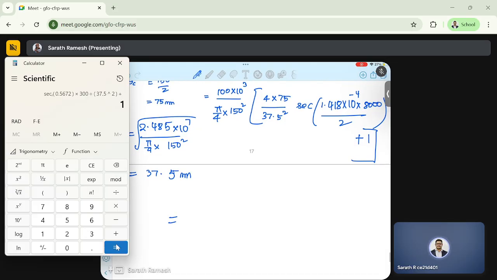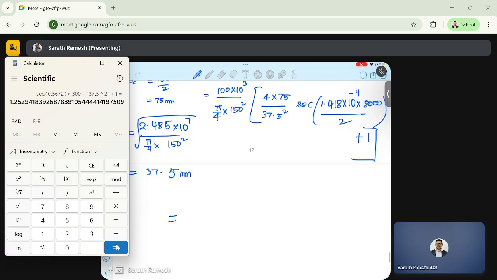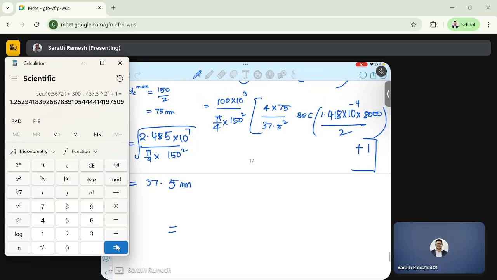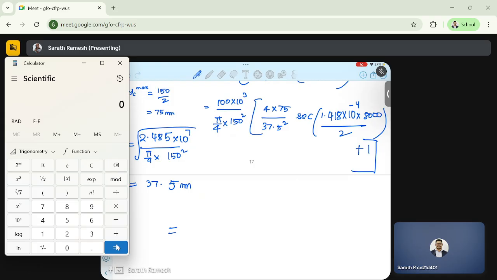I think I didn't add 1. Oh, okay. Okay, let me write 1.418 into 10 to the power minus 4 into 4000, secant of this.